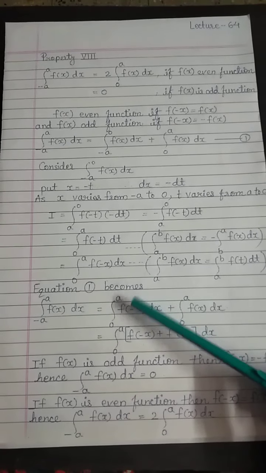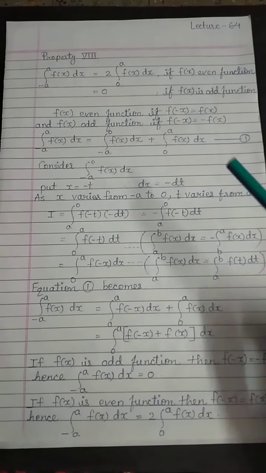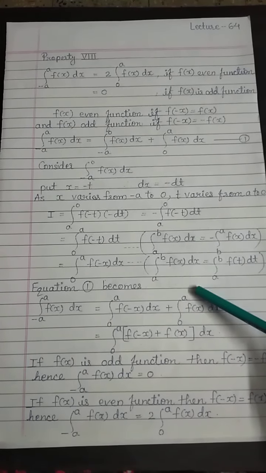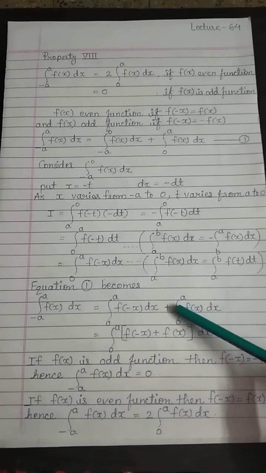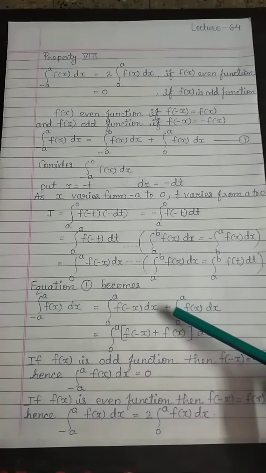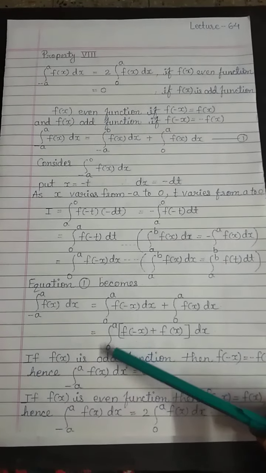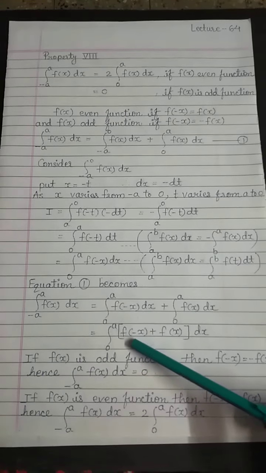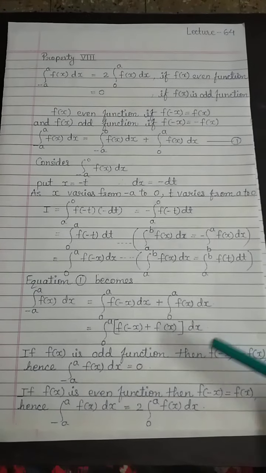integration from 0 to a of f of minus x dx plus second term as it is, integration from 0 to a of f of x dx. Now since at both the places we have same lower limit and upper limit, therefore we can write this together as integration from 0 to a of f of minus x plus f of x dx.